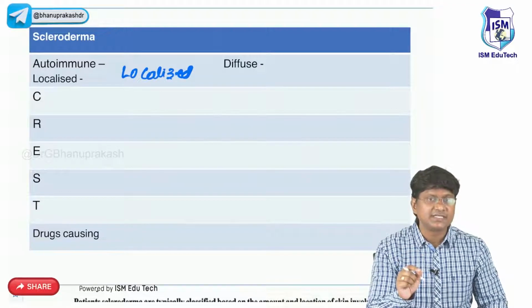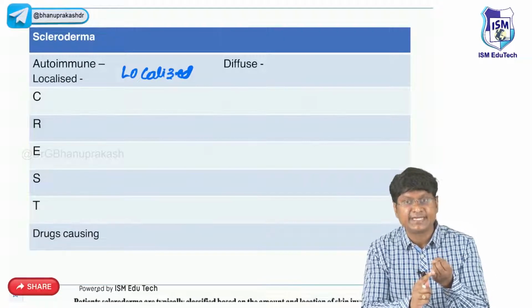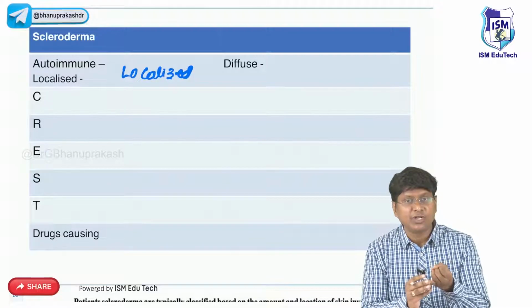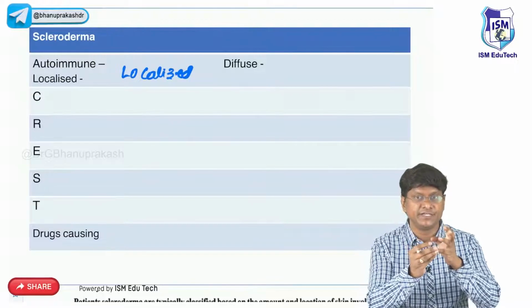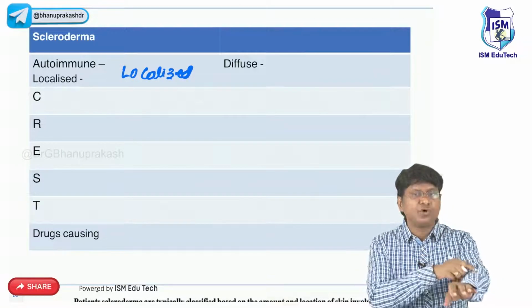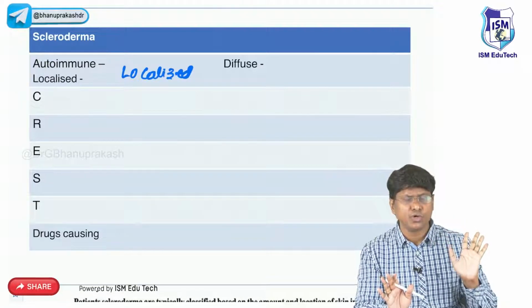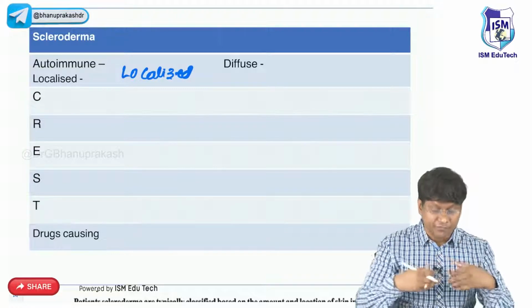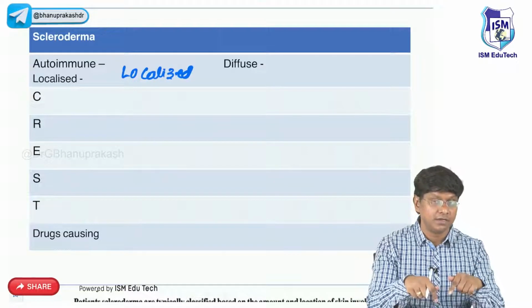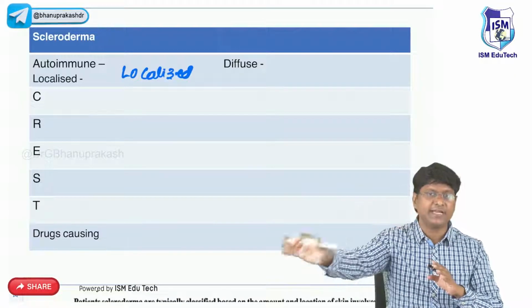In localized scleroderma, the important point to remember is that there will be limited skin involvement, mostly confined to the fingers, then the forearm, then the face. Even that skin involvement will be a very slow progression, right? And the visceral organ involvement in localized scleroderma will be very late.